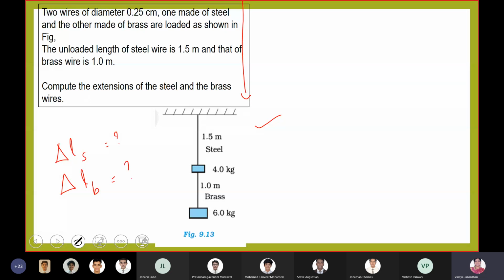Only thing is that diameter is given as D is equal to 0.25 centimeter. You need not write the entire question. You can draw the diagram, write what is being checked, and only one addition: the diameter of both the wires is 0.25 centimeter.